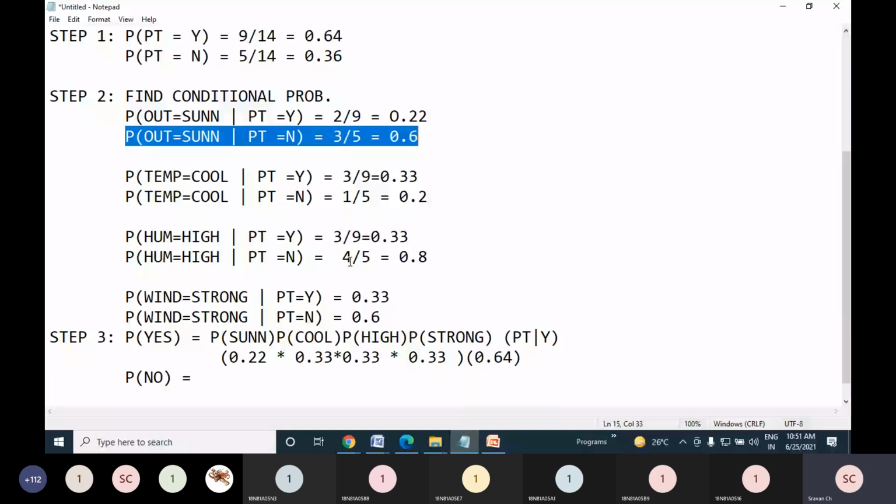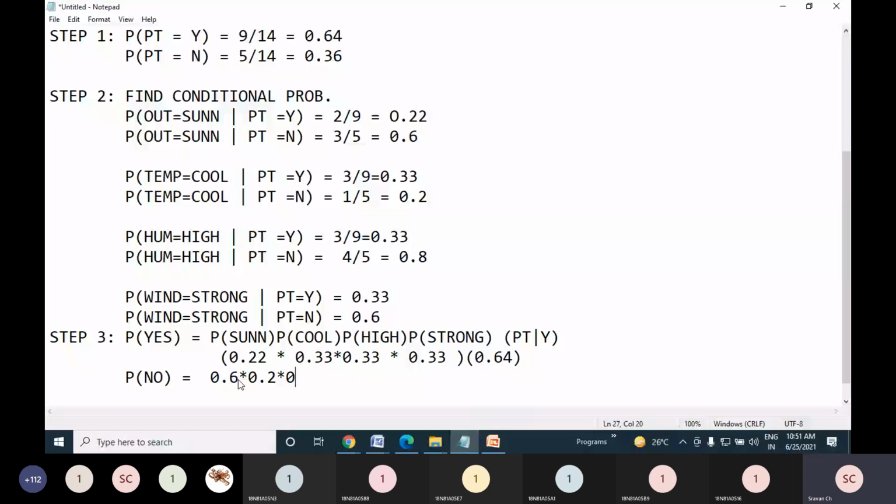For no cases, I am writing, my dear friends, 0.8 into 0.6. So these 4 values I got, which are conditional probabilities, and I should also multiply them with overall probability of playing tennis is no, which is from step 1. Step 1, 5 by 14, which is 0.36. I should multiply them with 0.36.